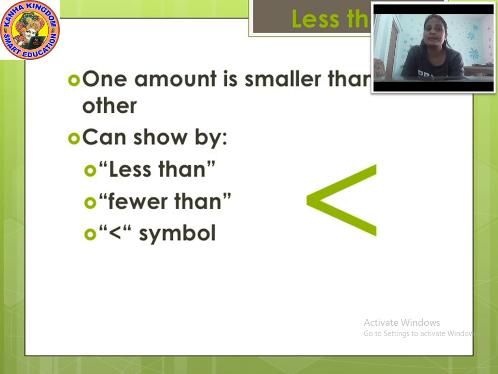This is less than, or we can say fewer than. If we compare two numbers, and one number is smaller and one number is bigger, then we will put this sign, the less than sign.